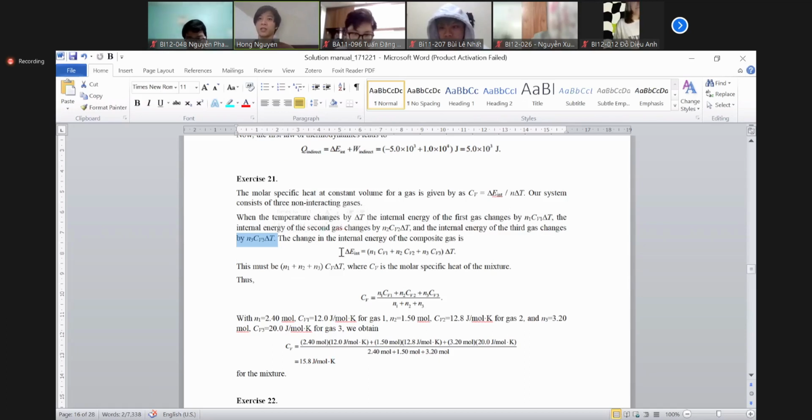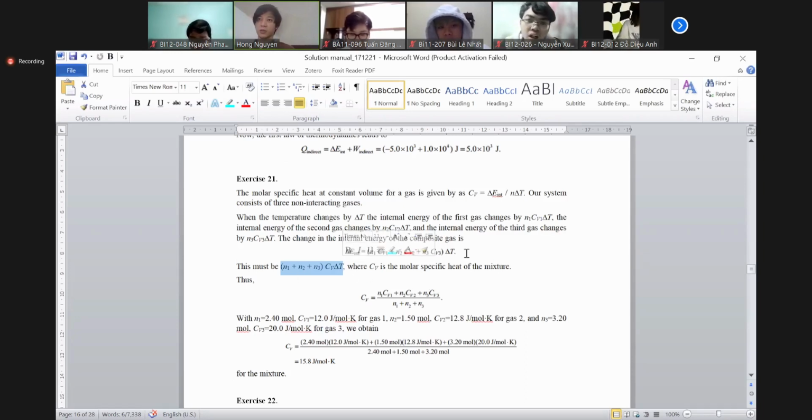Then the change in internal energy of the mixture can be written in this form, the sum of each change in internal energy. But if we consider the mixture as a new gas, we can also write the change in internal energy of the mixture as this one. And here CV is the molar specific heat at constant volume of the mixture.